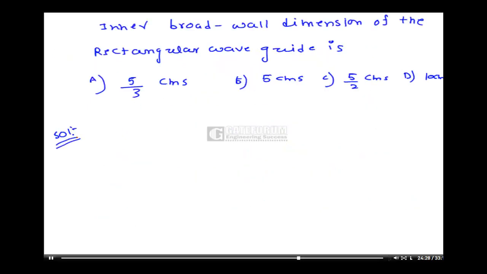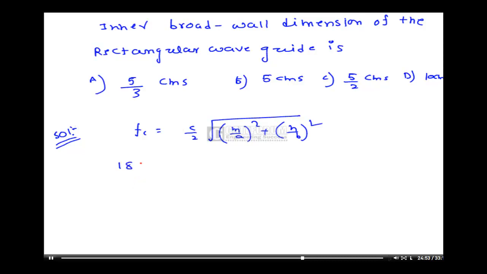The solution to this problem: the dominant mode of the waveguide is TE10, and it has a cutoff frequency of 18 gigahertz for TE30 mode. I know that cutoff frequency is equal to c by 2 into square root of m by a whole square plus n by b whole square.